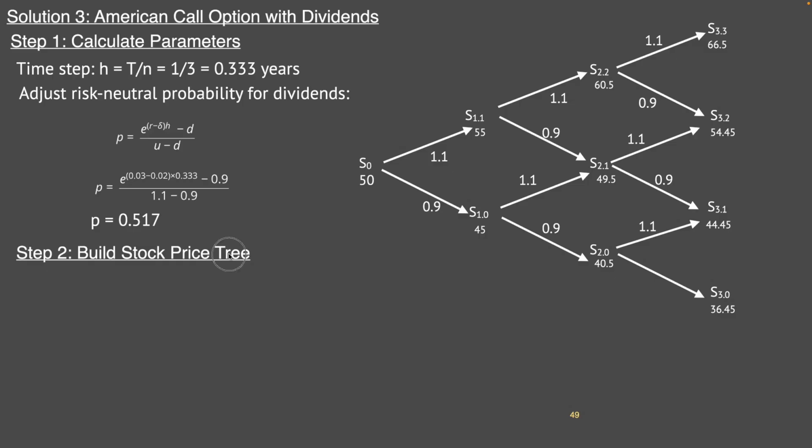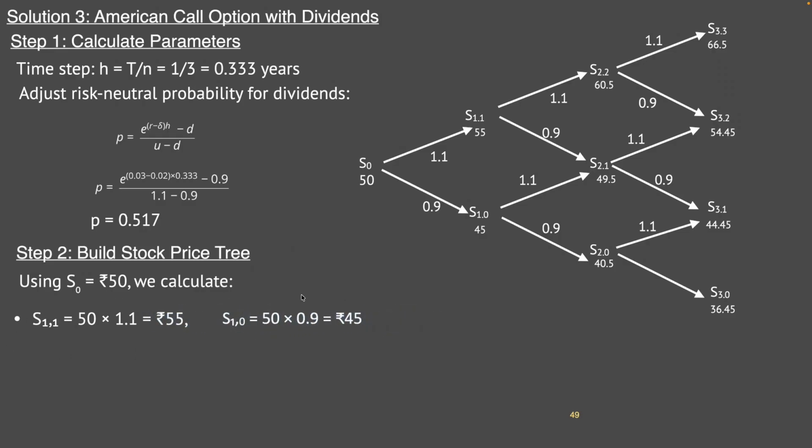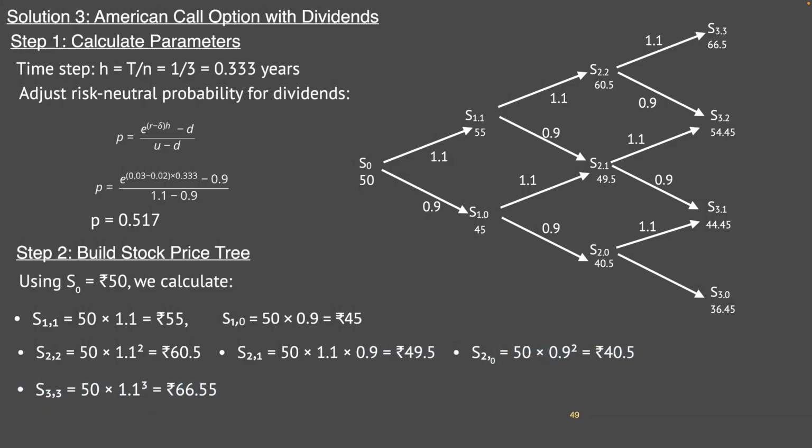Now you have to build the stock price tree. I have explained how to build this stock price tree here, and this is the mathematical calculation done here. 50 into 1.1 will give 55, and 50 into 0.9 will give you 45, and so on. I will not explain it all; you can do it on your own. Suppose it comes to S22: 50 into 1.1 into 1.1 gives you 60.5.